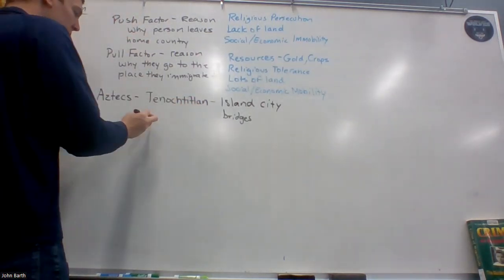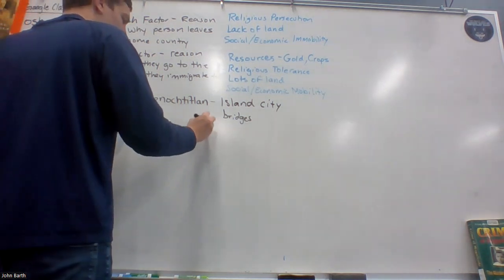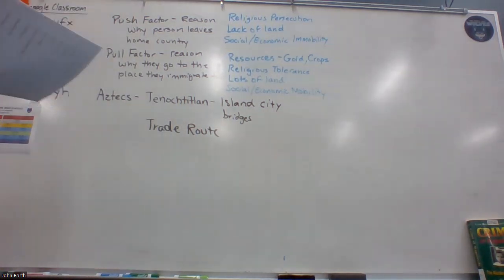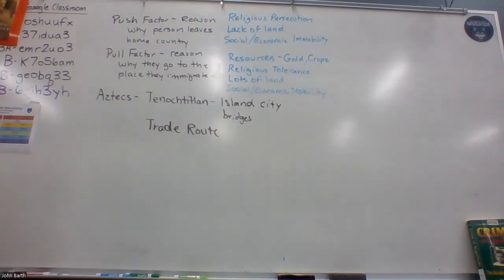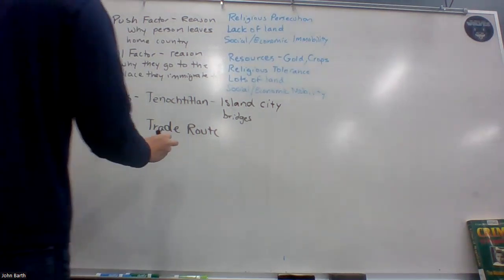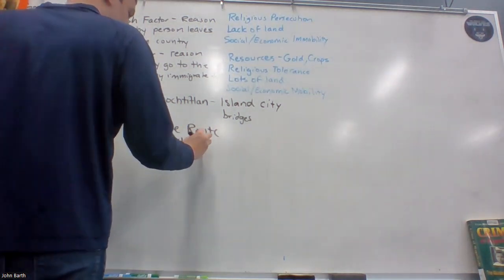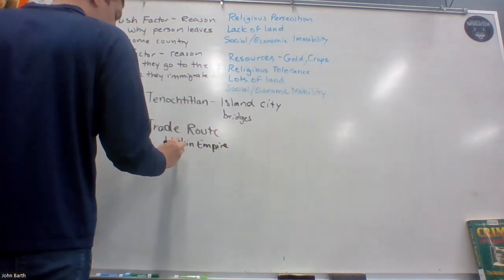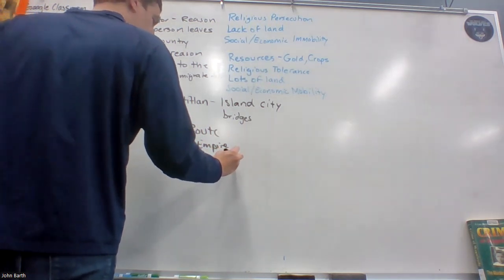And from the outer rim, it creates vast trade routes because now the Aztecs are able to trade with communities within their empire, but also with other empires like the Mayans.